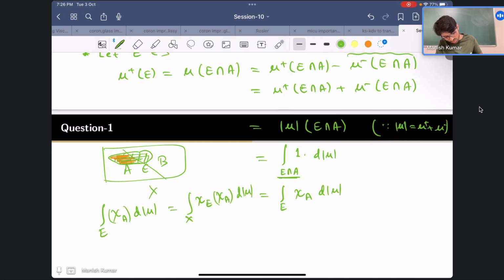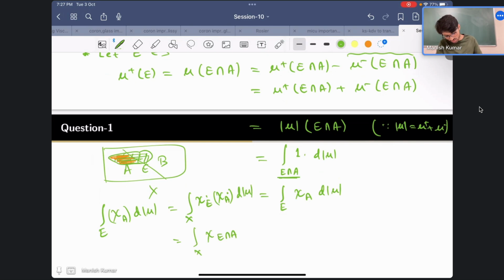Now this is nothing but the integral over x of chi of E intersection A, because if you choose any point x from the intersection, both are 1. If you choose something outside the intersection, one of them will be 0. So these two are the same thing.